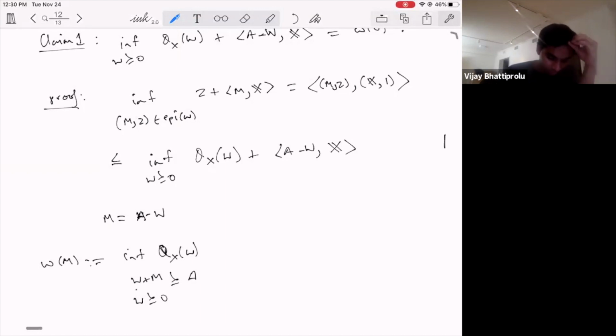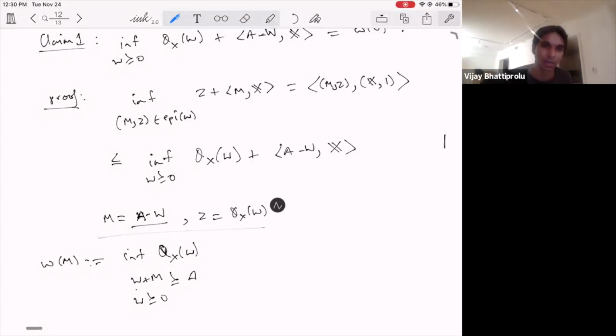So taking M equal to A minus W and Z equal to Qx of W is always a valid choice of parameters. So these points M comma Z of this particular form are always in this epigraph. Since we're taking an infimum over a smaller set, the first inequality follows.